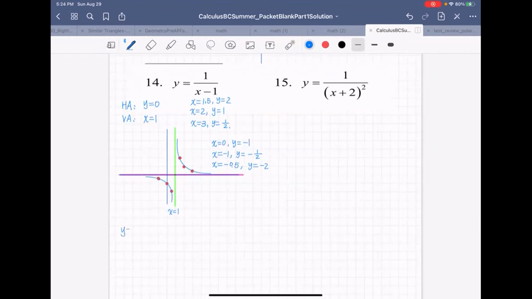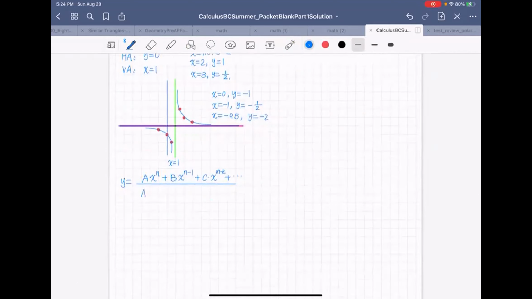Y equals to, look, a x to the power n plus b x to the power n minus 1 plus c times x to the power n minus 2 plus and so on, over x to the power m, plus x to the power m minus 1, m minus 2, plus and so on.